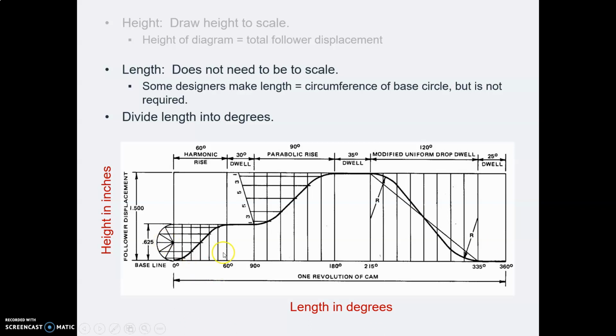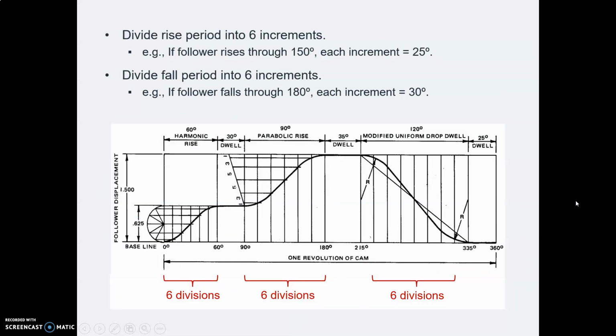Whatever length you make it, then you're going to divide it up into degrees. This length is 360 degrees, so you'll just start splitting it up. Anytime you have a rise or a fall, you need to divide it into 6 equal parts. And that's the minimum.